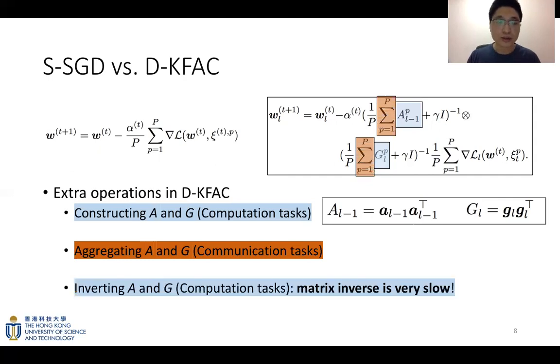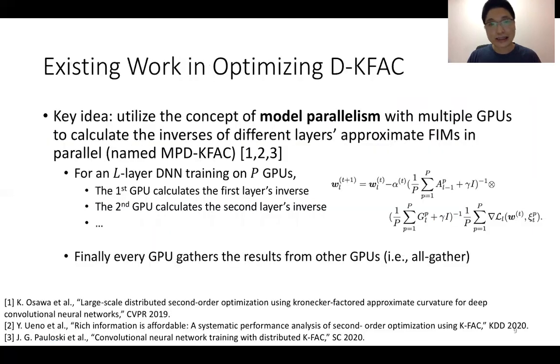And thirdly, it needs to invert the matrices A and G before preconditioning the gradients, while the matrix inverse is extremely slow. Existing methods try to optimize DK-FAC with the concept of model parallelism, using multiple GPUs to calculate the inverses in parallel.